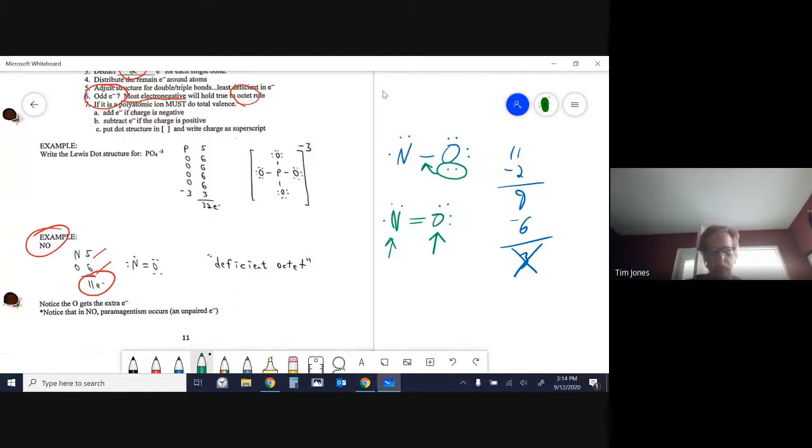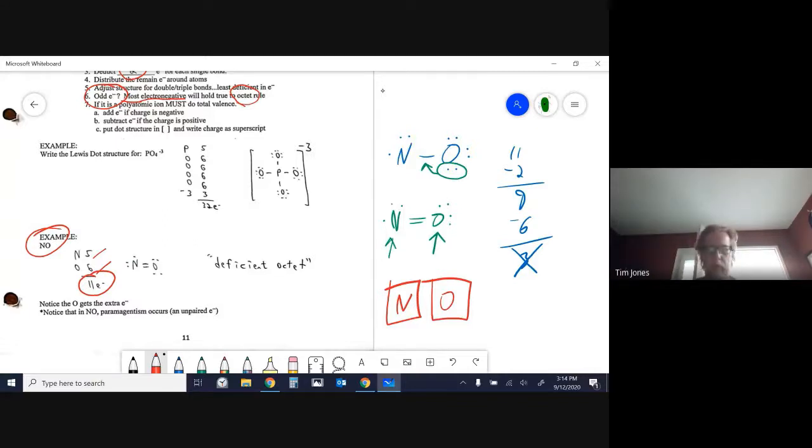So to remind you, when you have to pick who is the more or less electronegative atom, one way is just to look at the periodic table. And because nitrogen is to the left of oxygen on the periodic table, you can basically assume nitrogen is less electronegative.